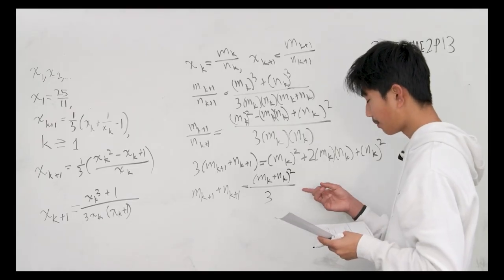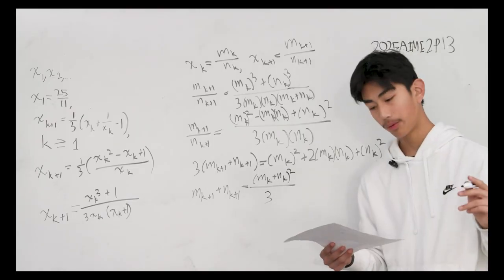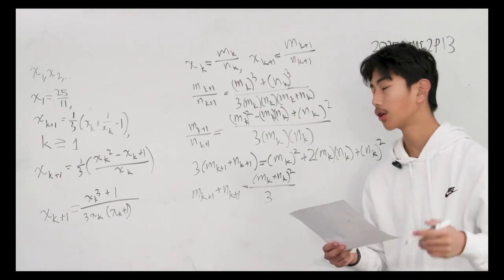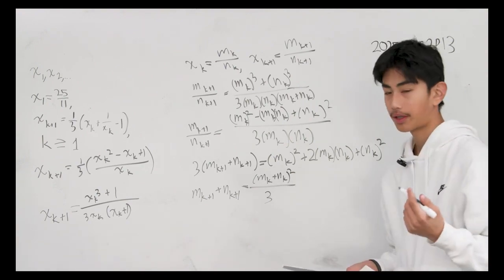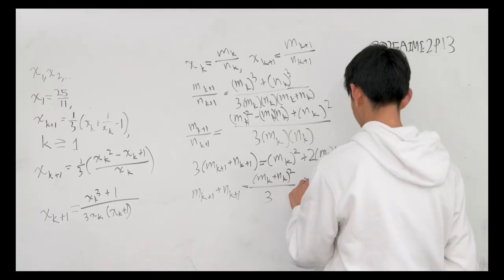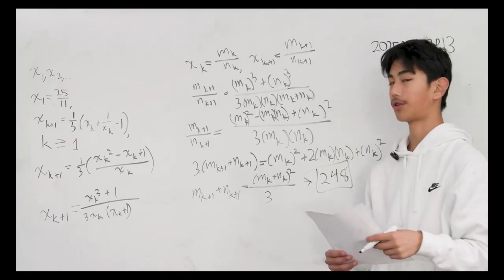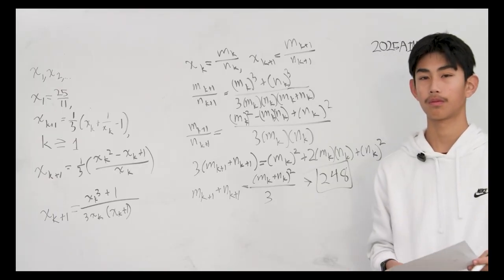Now this is simply what we get. So all we have to do is literally just list out the terms and then do mod 1000. After doing that, you will obtain our answer of 248. So that is our answer for this problem.